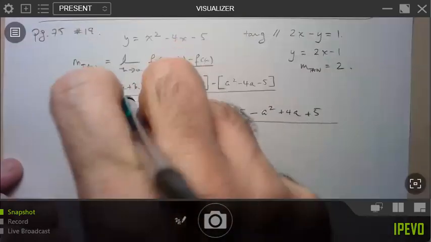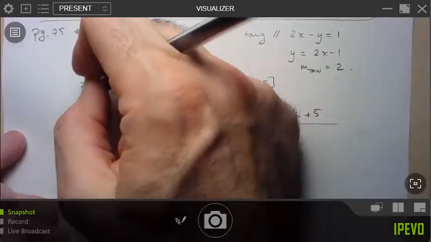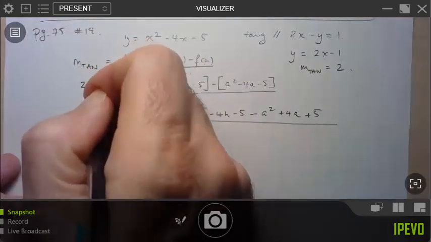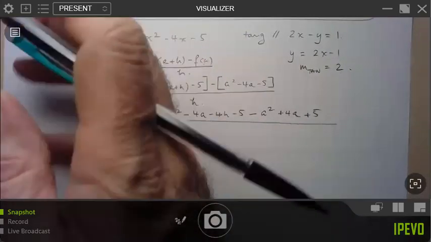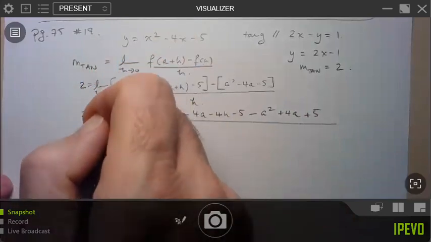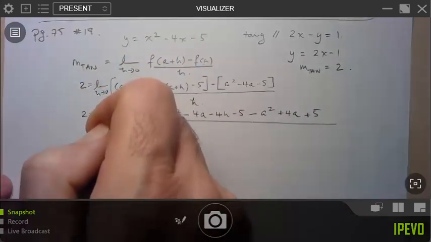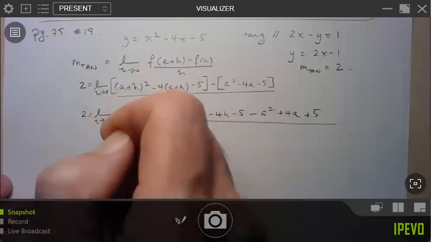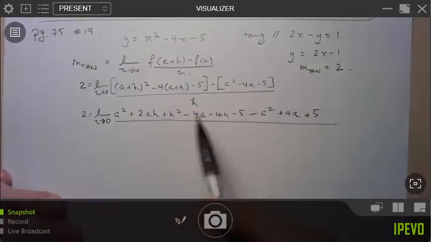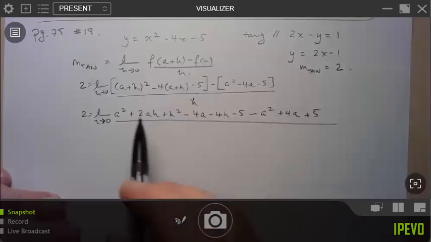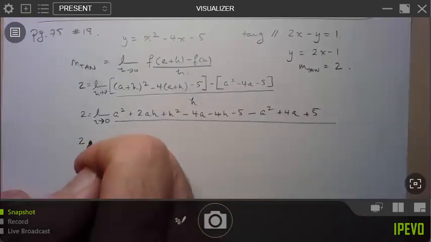Whoops. What did I forget here? Bad notation. Forgot my limit as h approaches 0. So let me just add that in. It's always good to evaluate your expression. That's what I did as I looked at it and I saw something's wrong here. And I realized that's what it was.